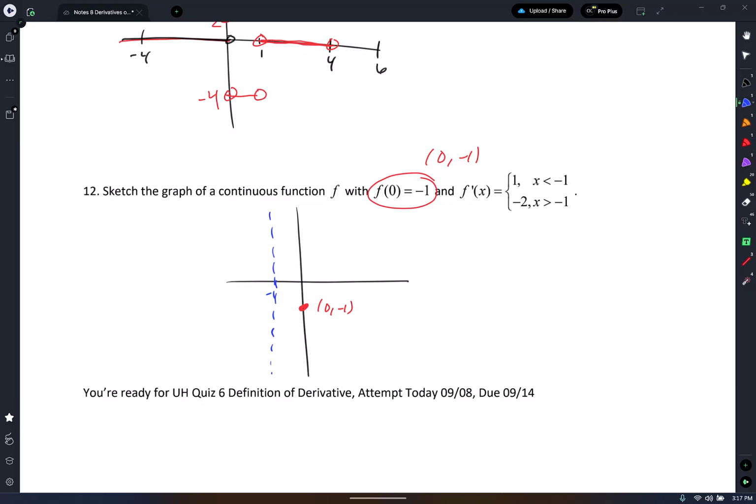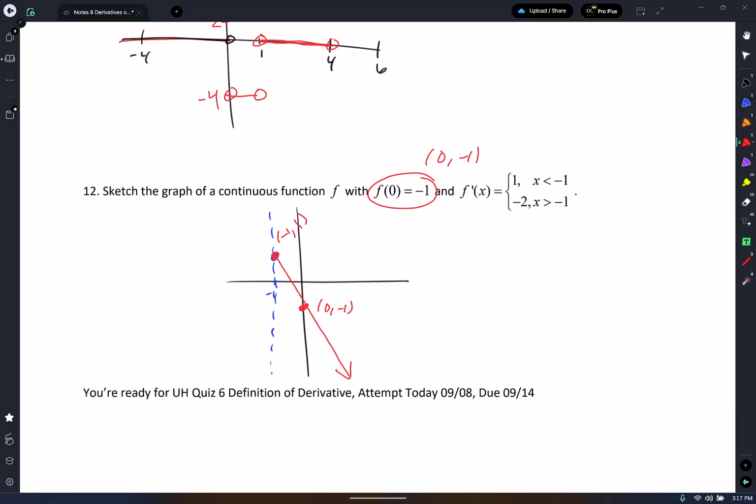I'm going to be right on that blue line. That point is negative 1, comma 1. There it is. That's my slope of negative 2. I'm going down here. You see what we did there?